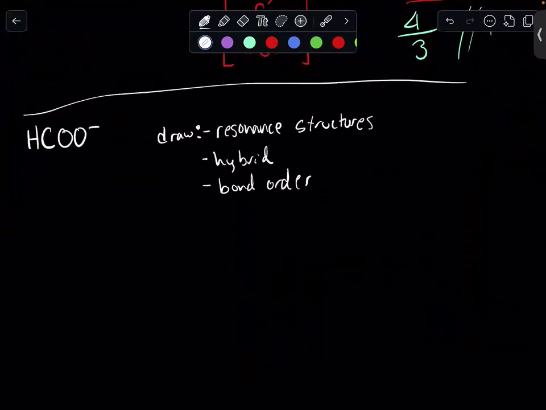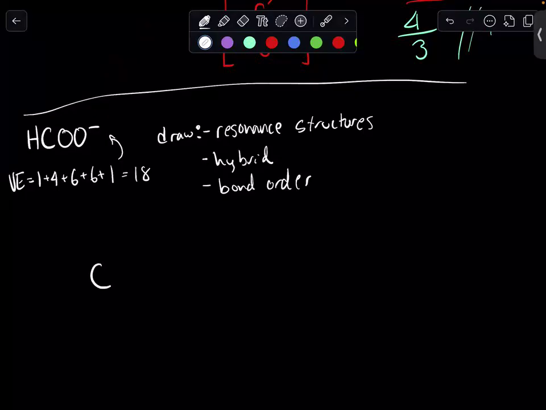So I'm going to go through the whole pathway I look at on how to draw this. I'm going to count my valence electrons, which is 1 plus 4 plus 6 plus 6 plus 1. That last one comes from the minus, which is going to be a total of 18. I'm going to identify that carbon is my central atom. I'm going to draw single bonds. And I only have 3 things here, so 3 single bonds.